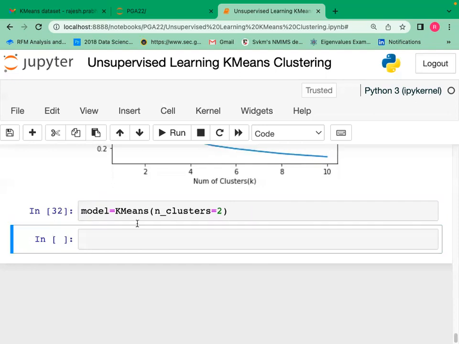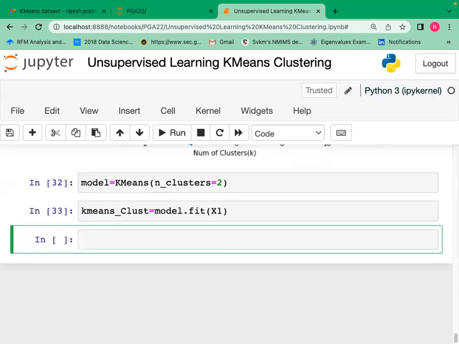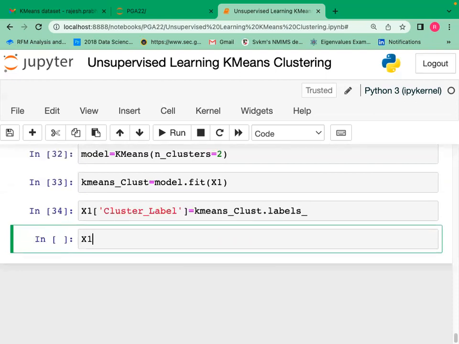Now let us define the model, KMeans cluster, final model. kmeans_plus is equal to model.fit(x1). X1['cluster_label'] is equal to kmeans_plus.labels_. x1.head.